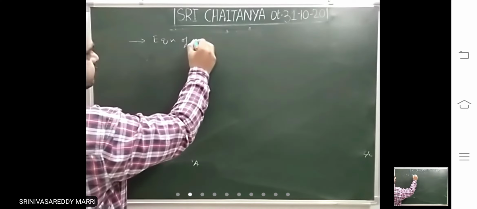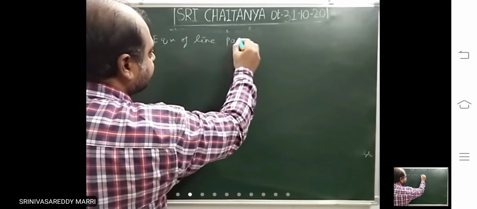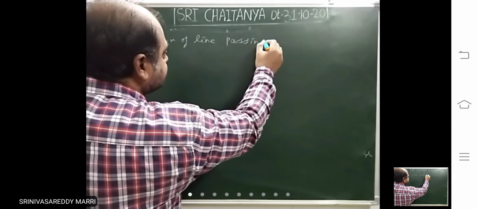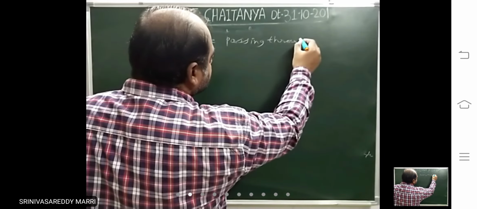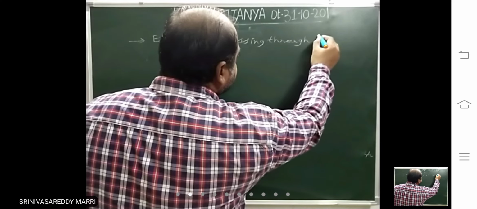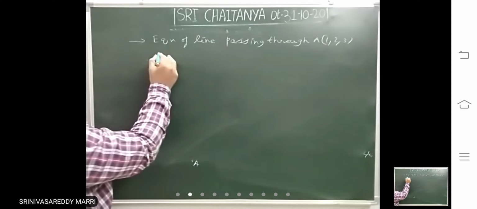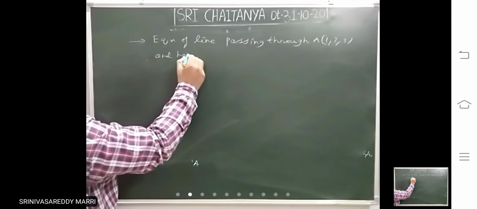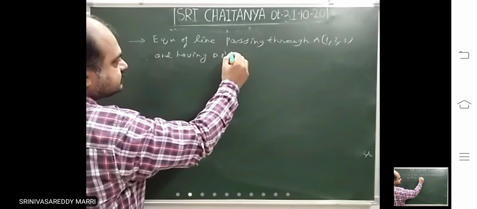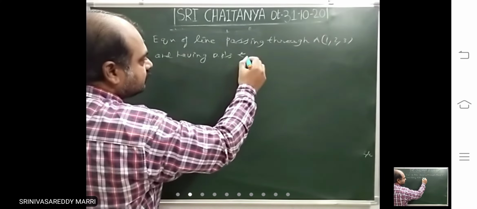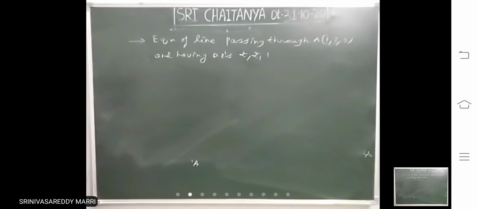Next, take an example. Equation of line passing through 1, 2, 3 and having DRs 2, 2, 1.